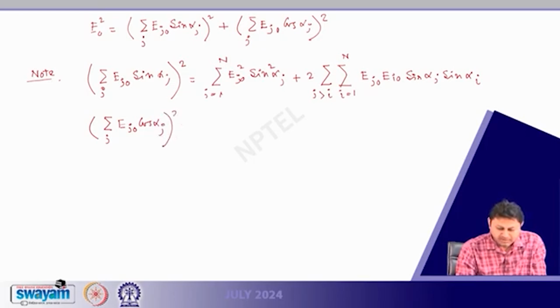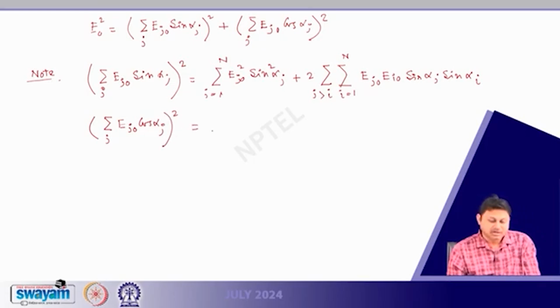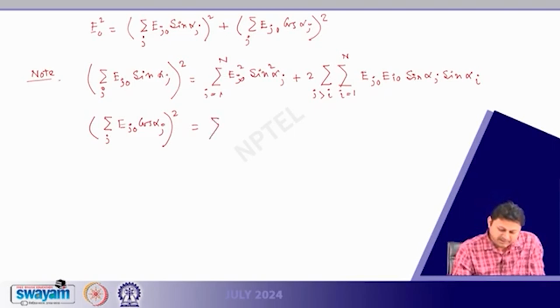If somebody wants to make the square of this summation term, then one can have exactly similarly the square of this, not sine, it will be cos, so it is cos alpha j and square of that, plus 2 times the cross term.